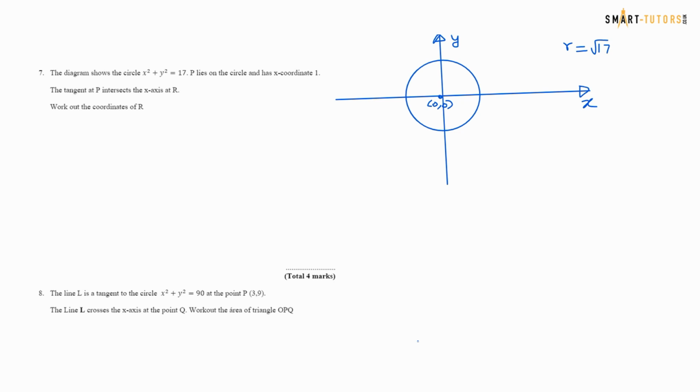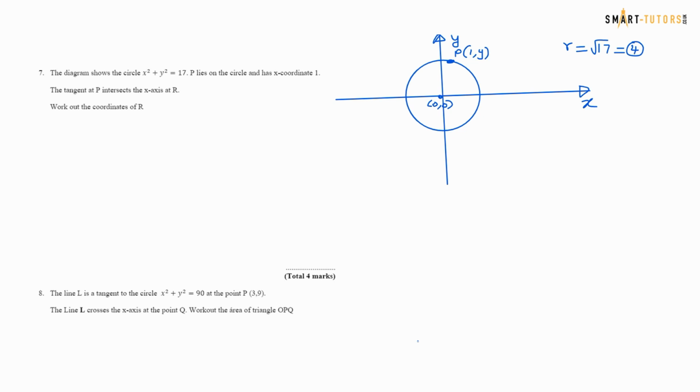P lies on the circle and has the x coordinate 1. Root 17 is more than 4, so the radius is more than 4. So x coordinate 1 means P is going to be somewhere here. So P's x coordinate is going to be 1, and we don't know what the y coordinate is.